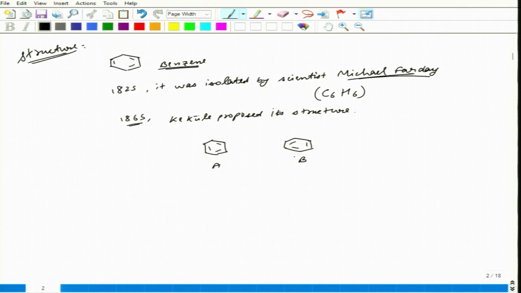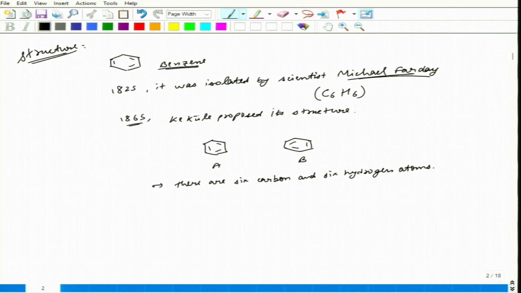What Kekulé suggested is that there are six carbon atoms, six hydrogen atoms, and the carbons are in the form of alternate sigma pi double bonds. But Kekulé proposed this structure, and still he gave two possible structures of benzene.